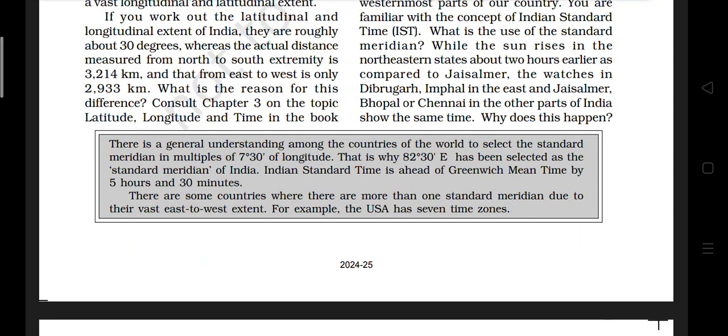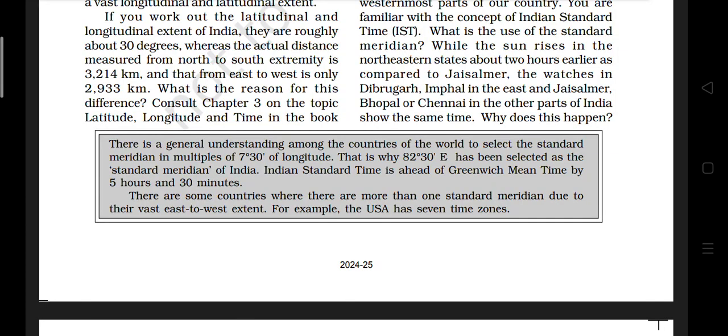There is a general understanding among the countries of the world to select the standard meridian in multiples of 7 degree 30 minute of longitude. That is why 82 degree 30 minute east has been selected as the standard meridian of India. Indian Standard Time is ahead of Greenwich Mean Time by 5 hours and 30 minutes.